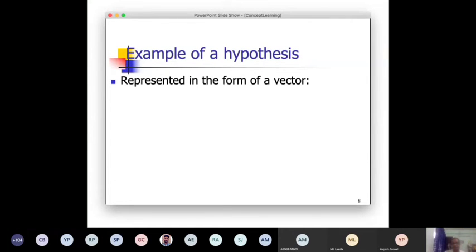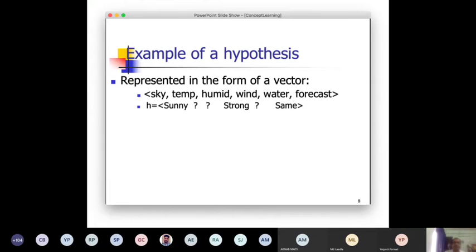Every attribute is true; I am not expressing any null. I can express the null conditions also, but we are not focusing on that. So you see that these are the attribute sets, and these are the 6 dimensions, and I can represent them in the form of a vector. And one of the examples could be like this.